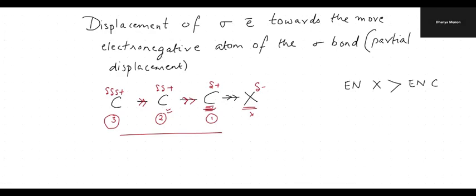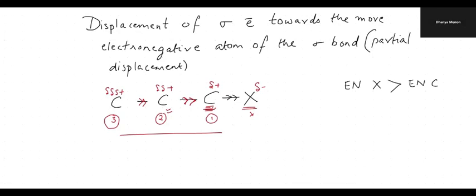The adjacent carbon atom, that is carbon number 2, will attain a slight positive charge, and being deficient of electrons, it will pull the electrons from the adjacent carbon atom, that is carbon number 3. So you can see that this is the inductive effect, and it diminishes with distance. It is effective until the third carbon atom.